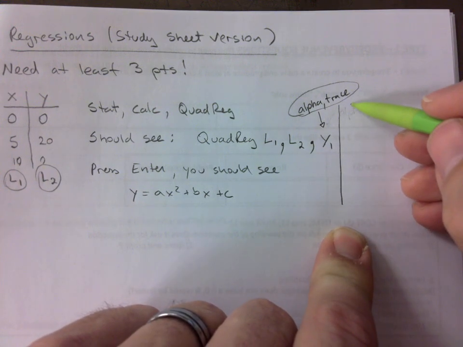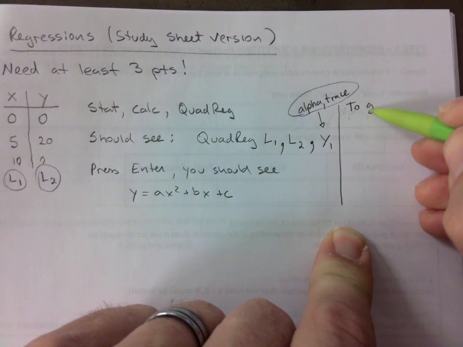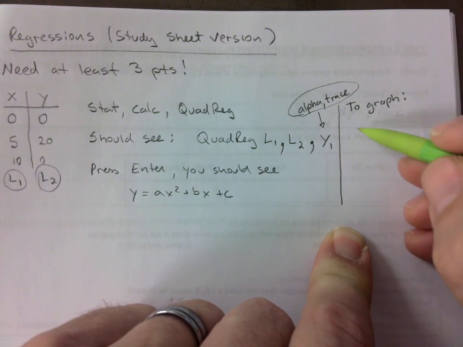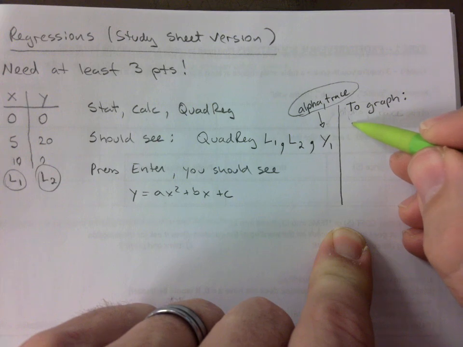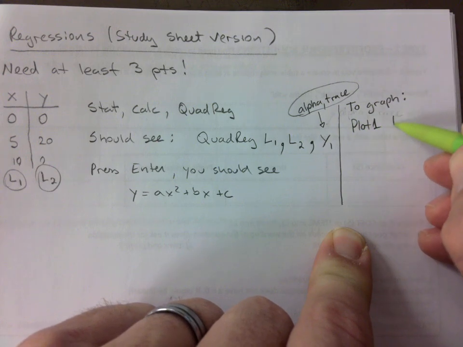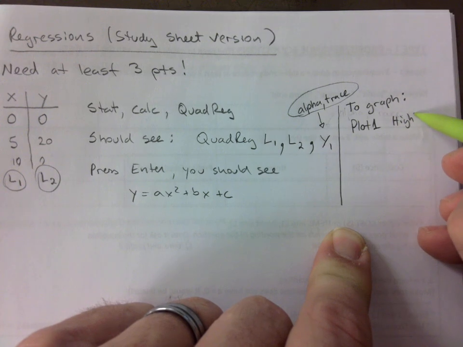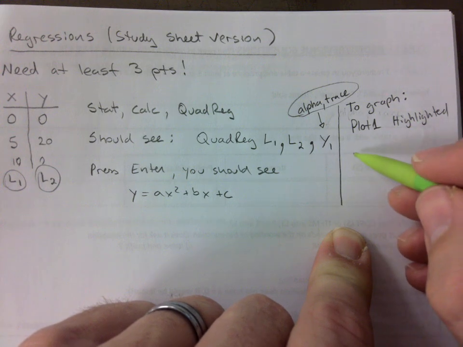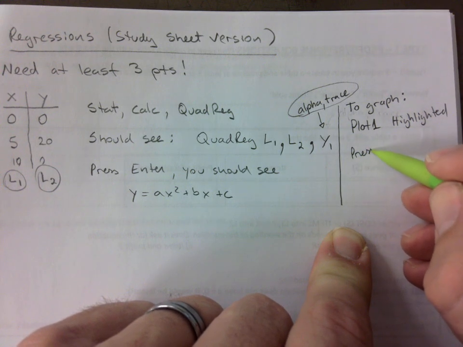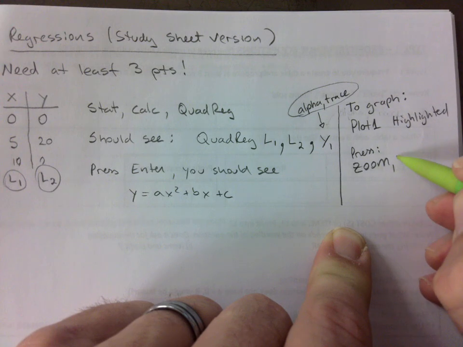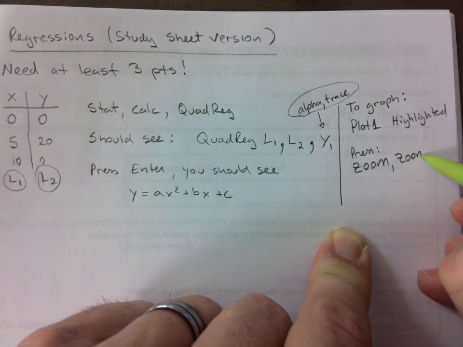And then to graph, plot 1 has to be highlighted. Right, plot 1 highlighted, then press zoom followed by zoom stat.